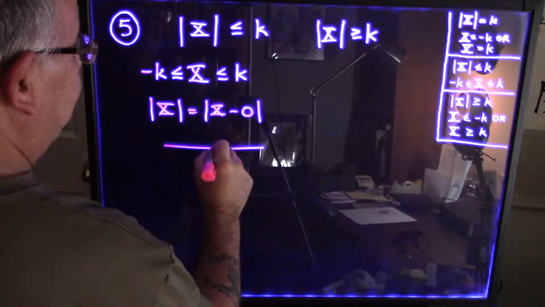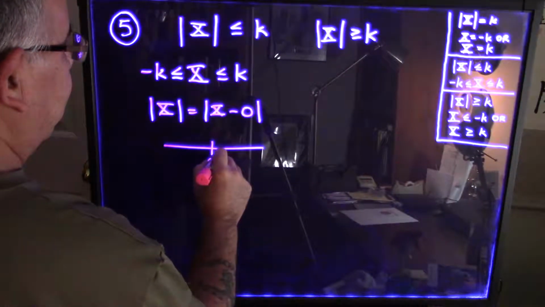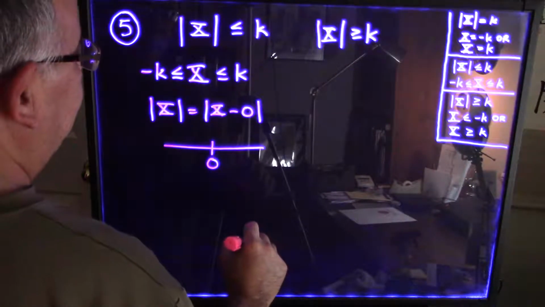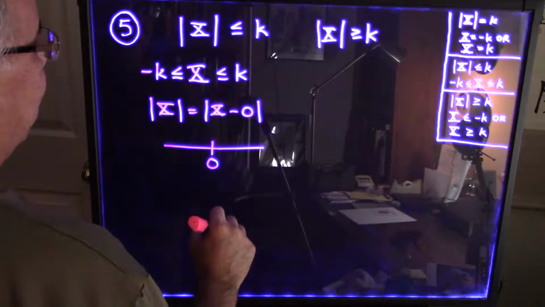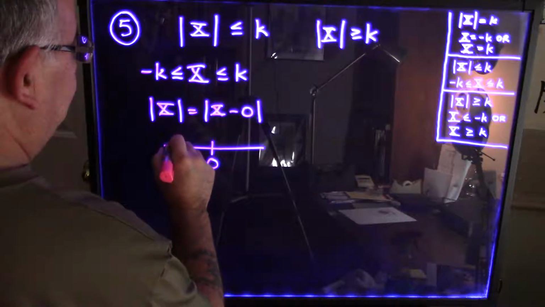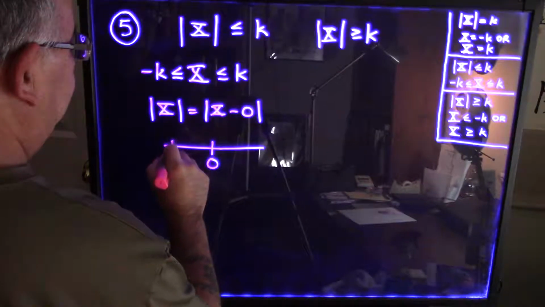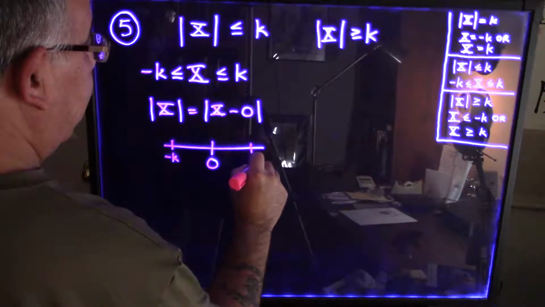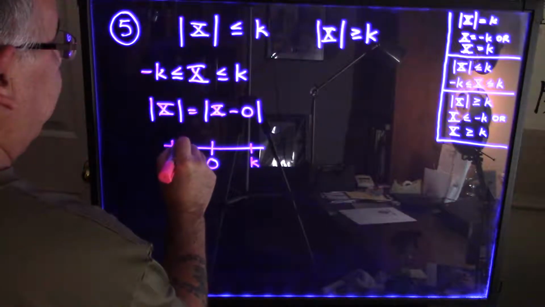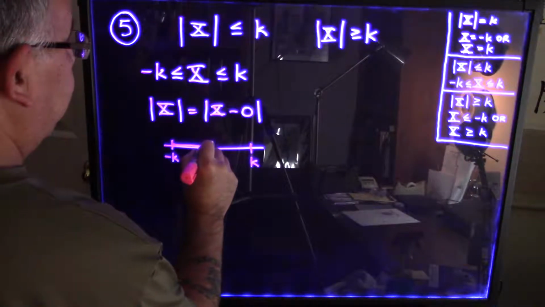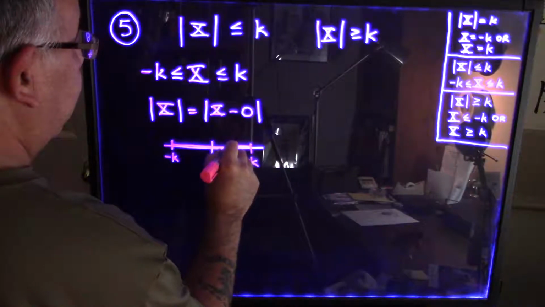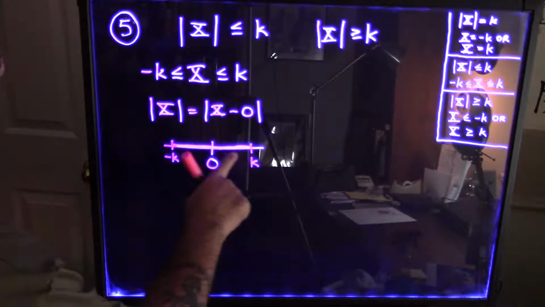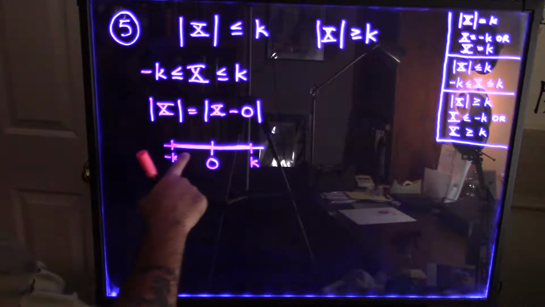So if you drew that on a number line, here's 0. The distance from x to 0 is going to be between negative k and k. That would be anything in here. x would lie somewhere in between these two.